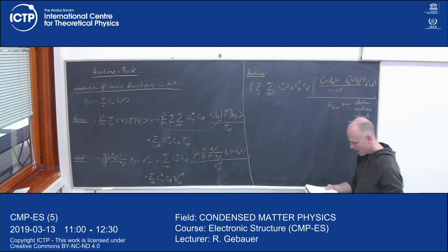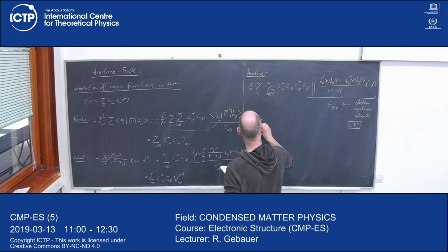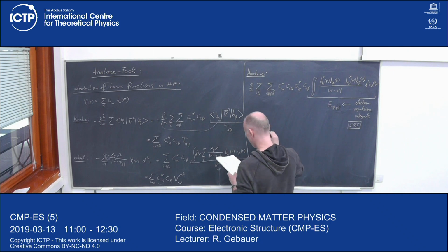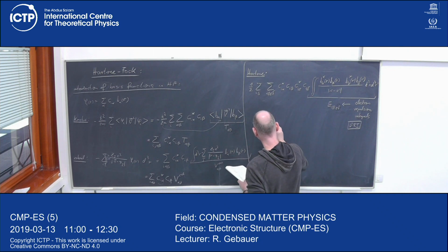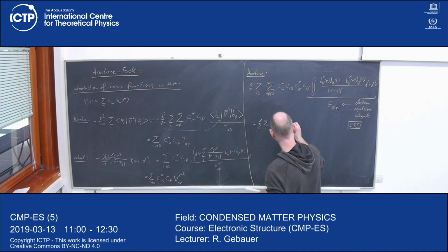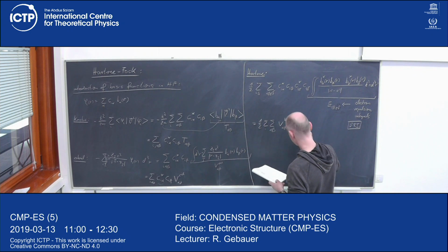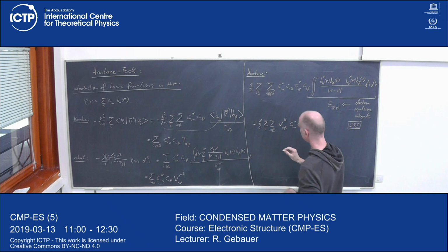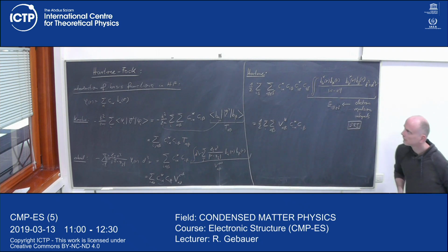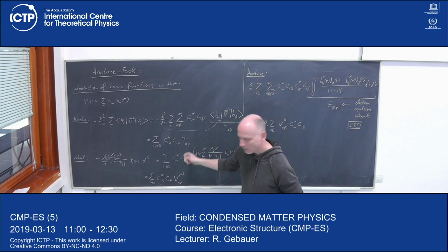Okay, so here we can write this as 1/2 sum over i, sum over alpha beta, V^H alpha beta, C_i alpha complex conjugate C_i beta. Why do I write it like this? Because writing it like this, it just looks like this term and this term.